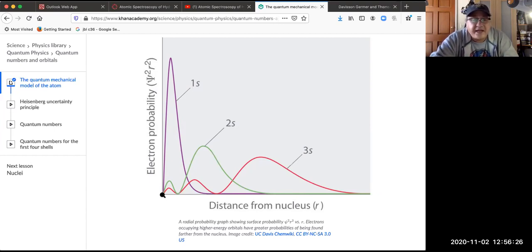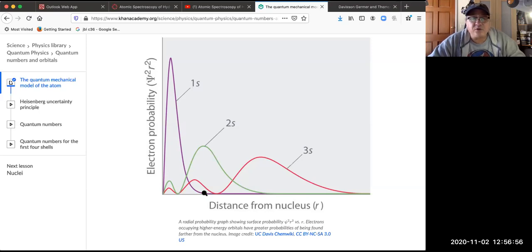So that is a radial distribution, the likelihood of where you are to find the electron. So where the peak is high, you're likely to find the electron. Where the peak is low, you're not likely to find the electron. So that's one energy level for the electron. And so here, n would equal 1. So n is one of those quantum numbers.